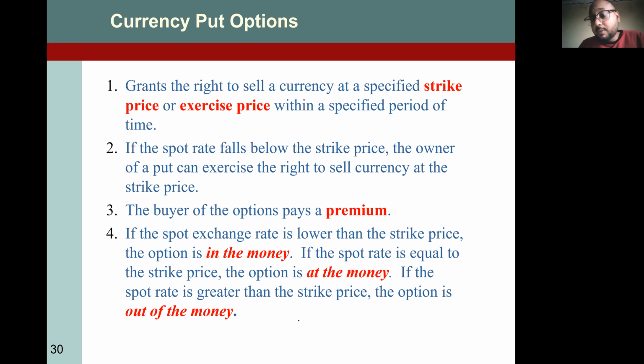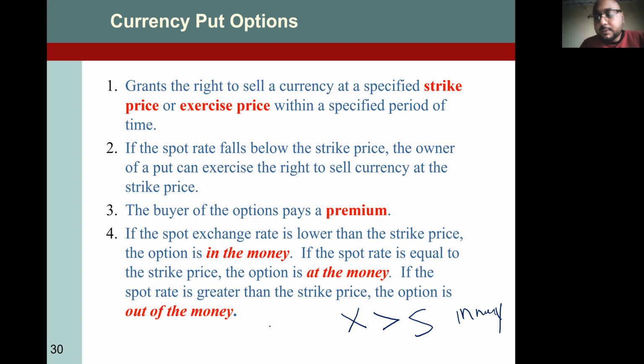If the put option is out of the money: a put option is in the money if the strike price is greater than the spot market price.